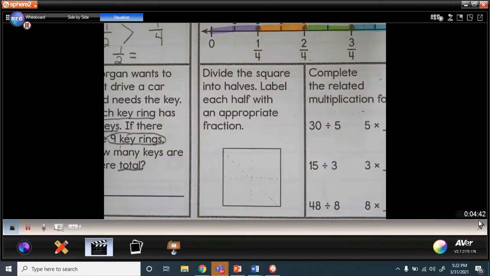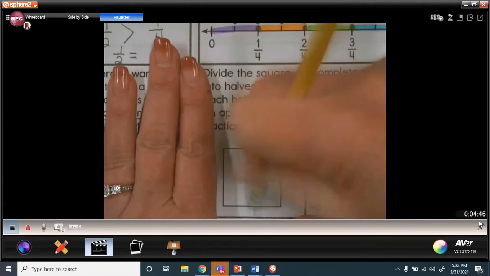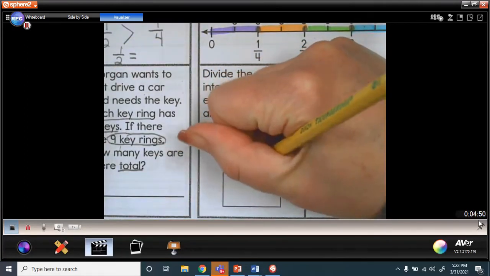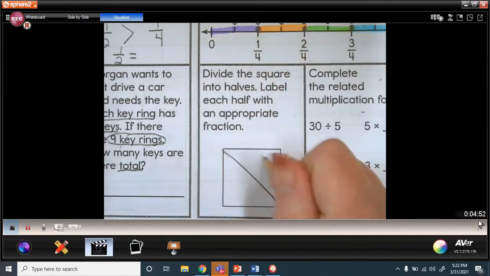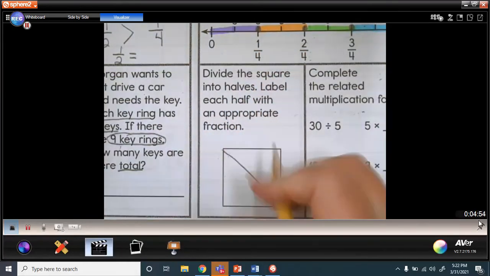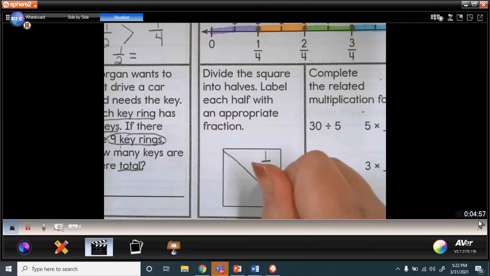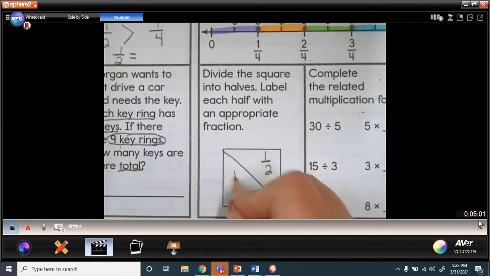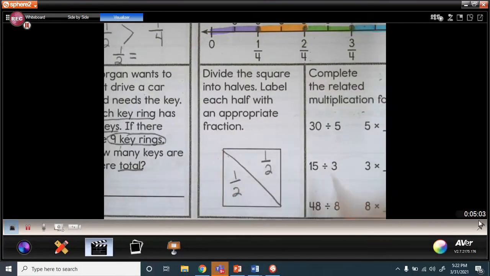So there are many different possibilities that you can do. I don't think I've done the diagonal, so I think that's what I'll do this time. I'll go down the middle diagonally, and it says to label each half with the appropriate fraction. So my unit fraction means one of the unit pieces, 1/2 and 1/2. Those are my unit parts.